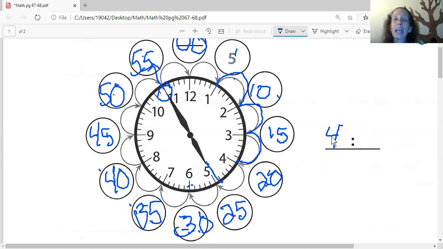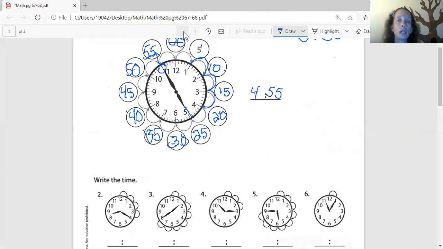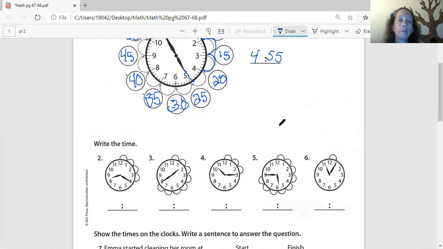So we say it is 4:55. Write that in for me, okay? I'm going to make my screen a little smaller here so we can get the whole picture. Please don't talk.